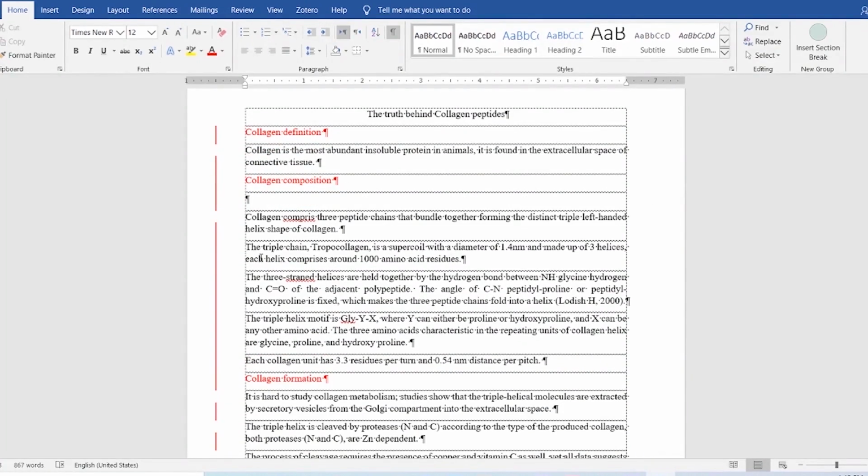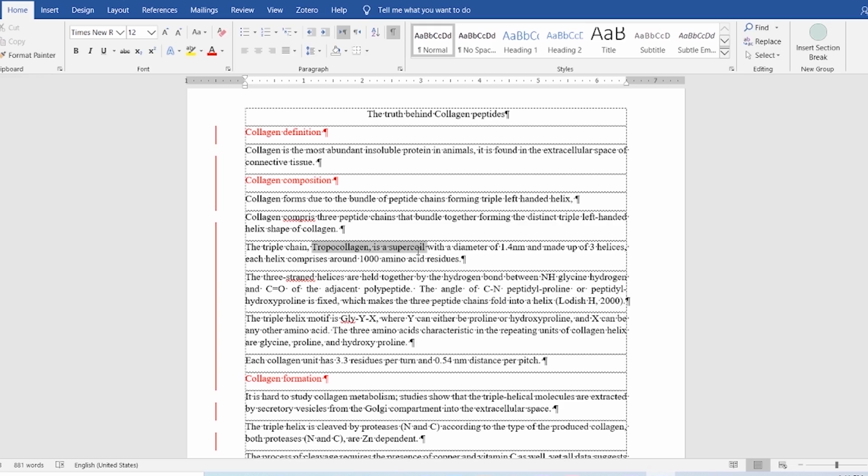So I will hit enter here and I will rewrite this sentence. So we can write collagen forms due to the bundle of peptide chains forming triple left-handed, which is the tribocollagen.